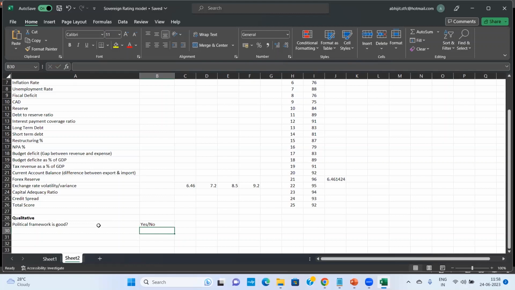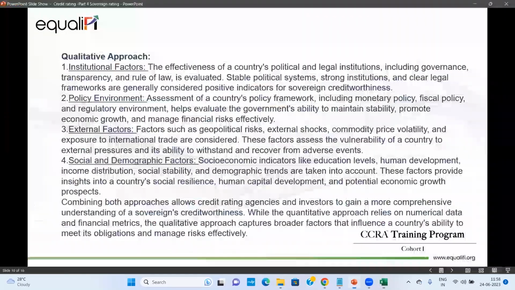So that's why in sovereign rating, it is very difficult to bring qualitative parameters here. Am I correct?